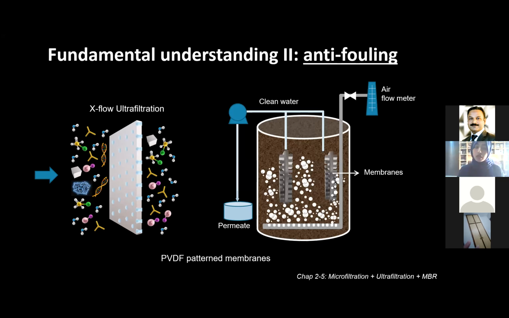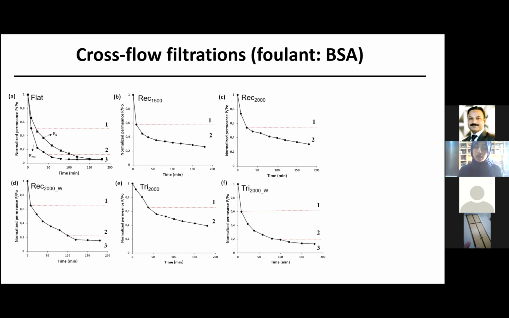During cross-flow, the permeance decline was mainly due to the deposition of foulants, but it could be divided into 3 phases.